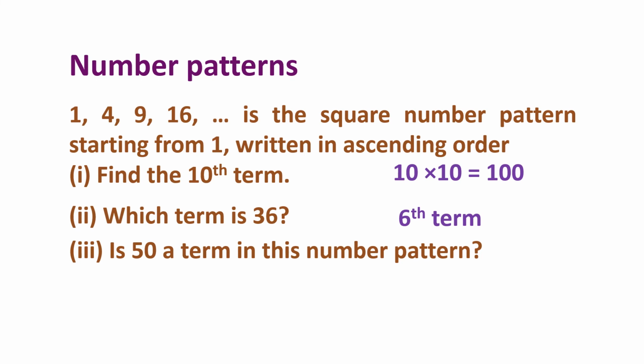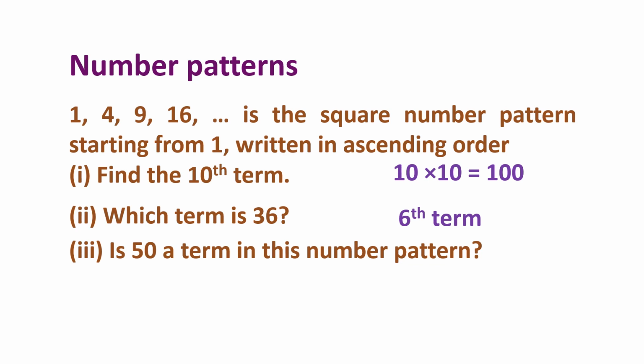Question number 3. Is 50 a term in this number pattern? We know that 50 is not a square number. Isn't that so? If we consider the 7th term of the square number pattern, we know that is 7 into 7, 49. When we consider the 8th term, we know that is 8 into 8, 64.